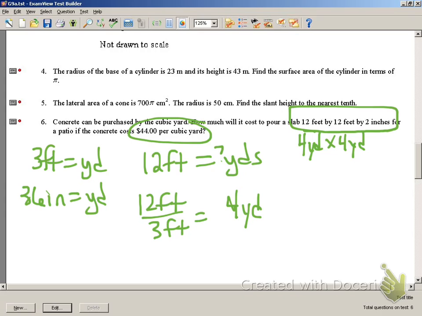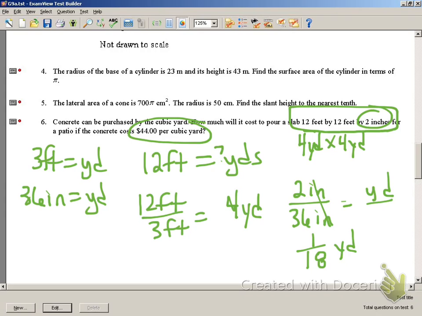And then we have to convert the 2 inches into yards. Well, we're given 2 inches, and there's 36 inches in a yard. 2 divided by 36 gives me 1/18 of a yard.